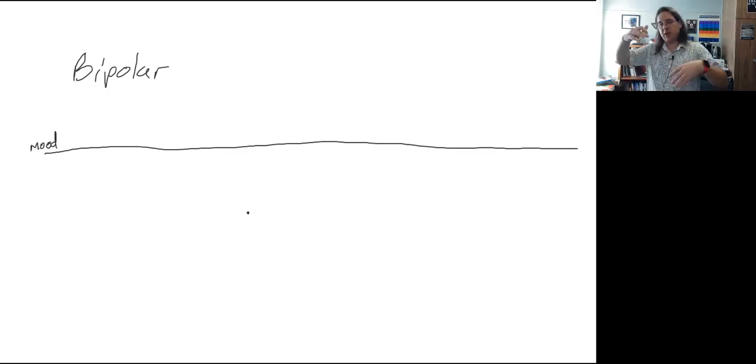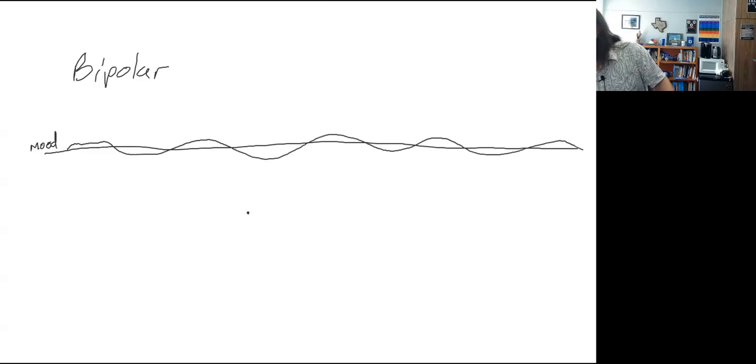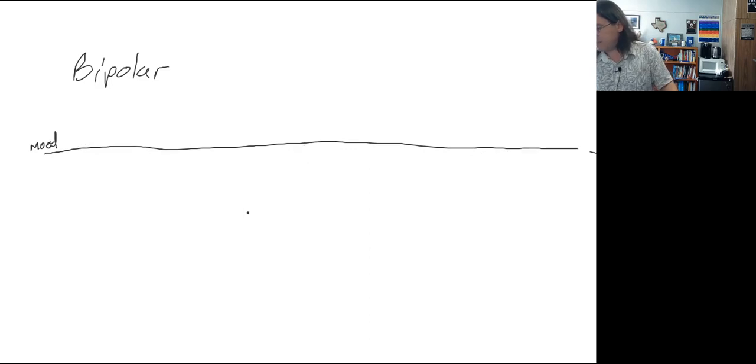So there's this varying mood in how we feel and how we respond. The normal track for somebody that is functioning regularly is that they're going to have ups and downs, but for the most part we're pretty stable with that mood.